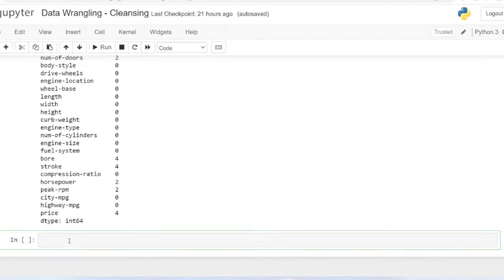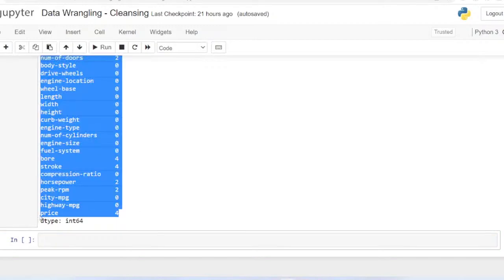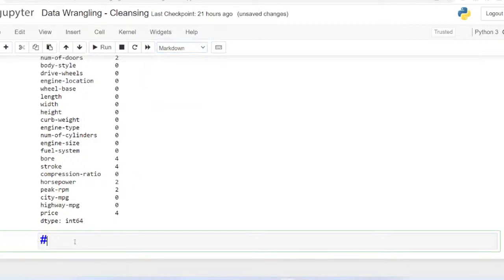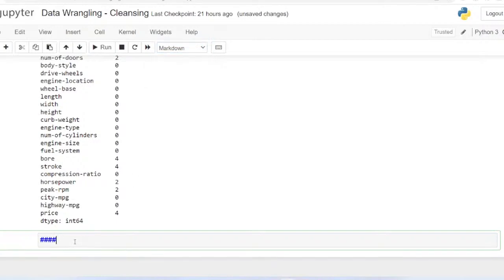Even if we drop these rows, that will not affect my values much because our total number of rows is 205. So let's see the new way of handling the missing data. One of the methods is the dropna function.